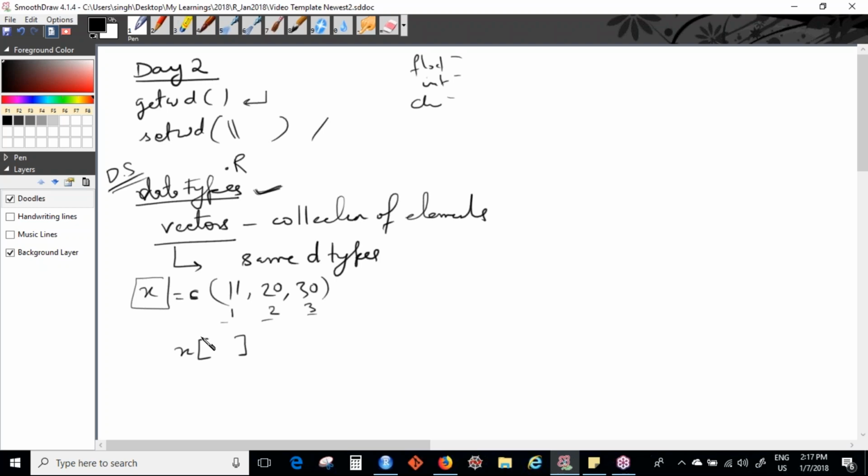If you have to retrieve the first element, you use x square bracket 1. If you want to retrieve the last one, you can use x[3]. That will give you 30. This will give you 11 as the output. Pretty simple. Okay. Just remember, we use square brackets here.